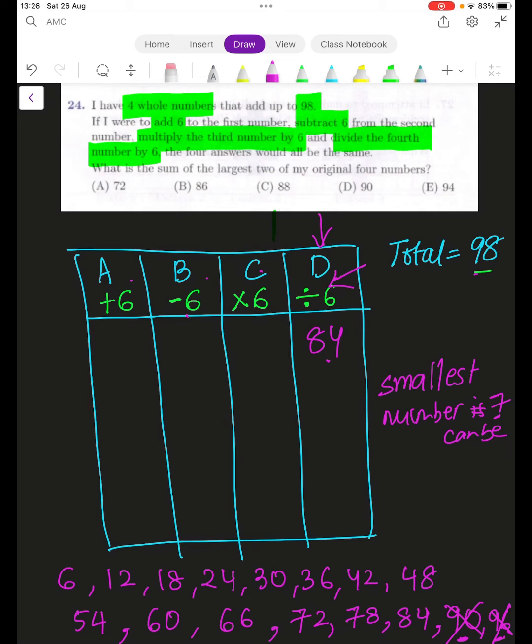Let's try to work with 84. If I have 84 here, and if I divide 84 by 6, my answer would be 14. The issue is, of course, I can get 14 from here and here, but there is no number here that I can multiply by 6 to get a 14. So that does not work.